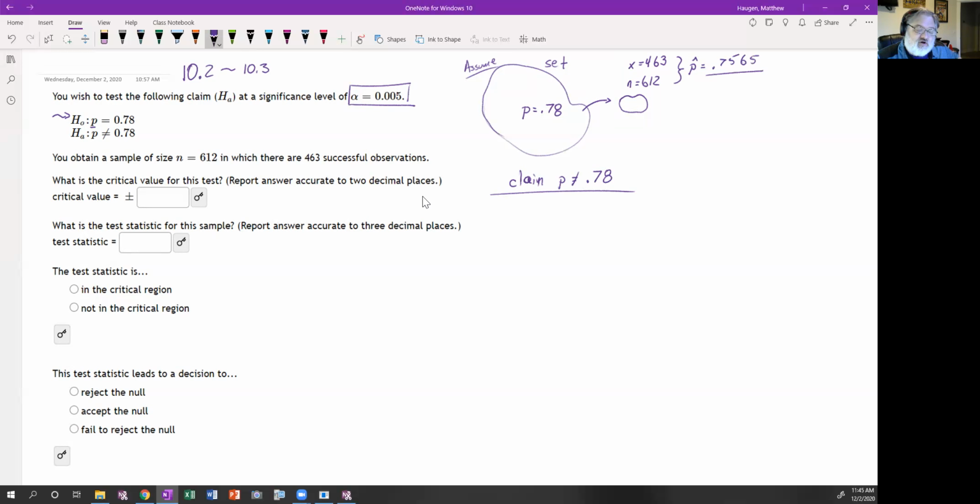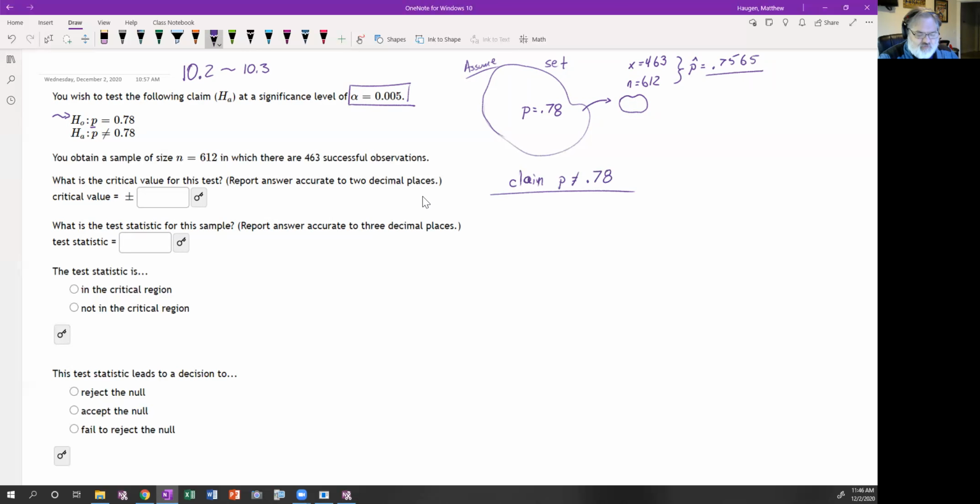Now that 0.7565 is less than what the claim is, but the question is, is it significantly less? Is it less enough for us to say that the assumption is wrong?